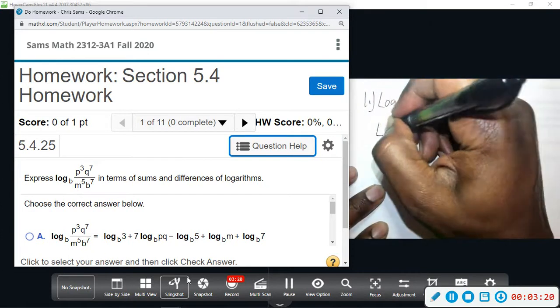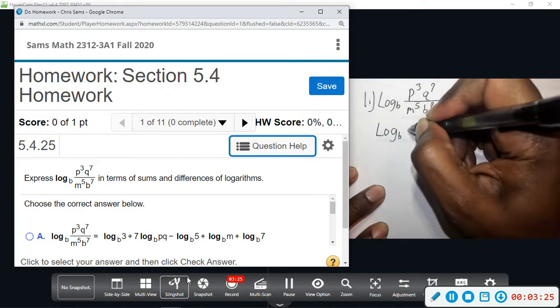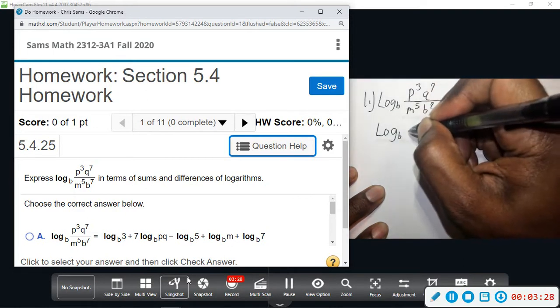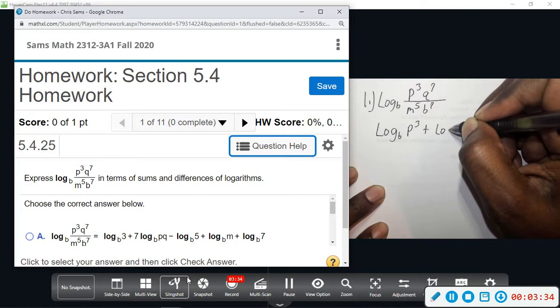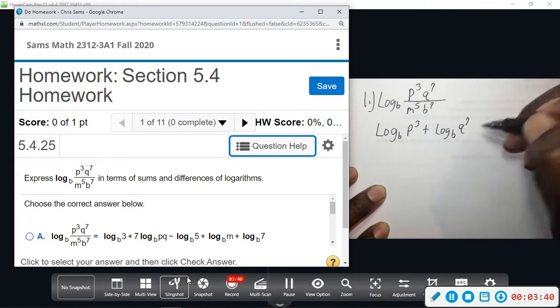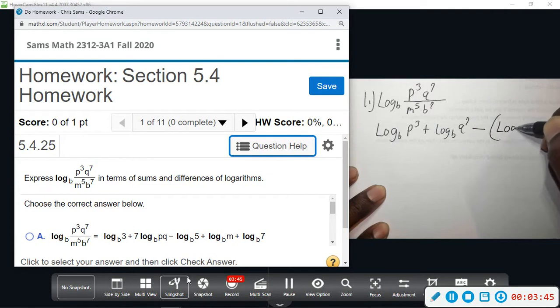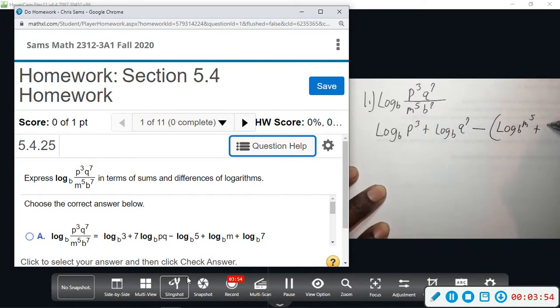So we get log base b of p to the third plus log base b of q to the seventh, and then division will be minus, and since there's two terms, I'm going to put this in parentheses, log base b of m to the fifth, and then since you're multiplying, you're going to say plus log base b of b to the seventh.